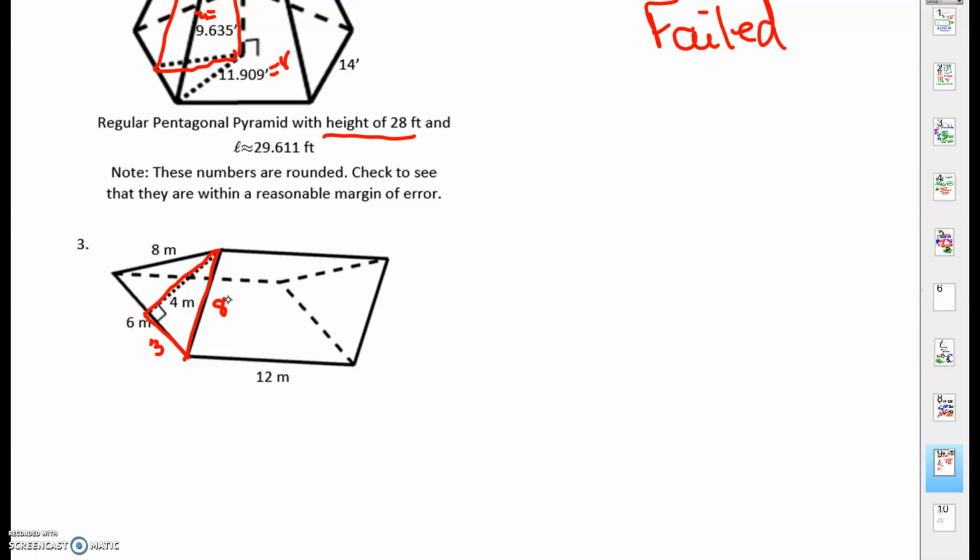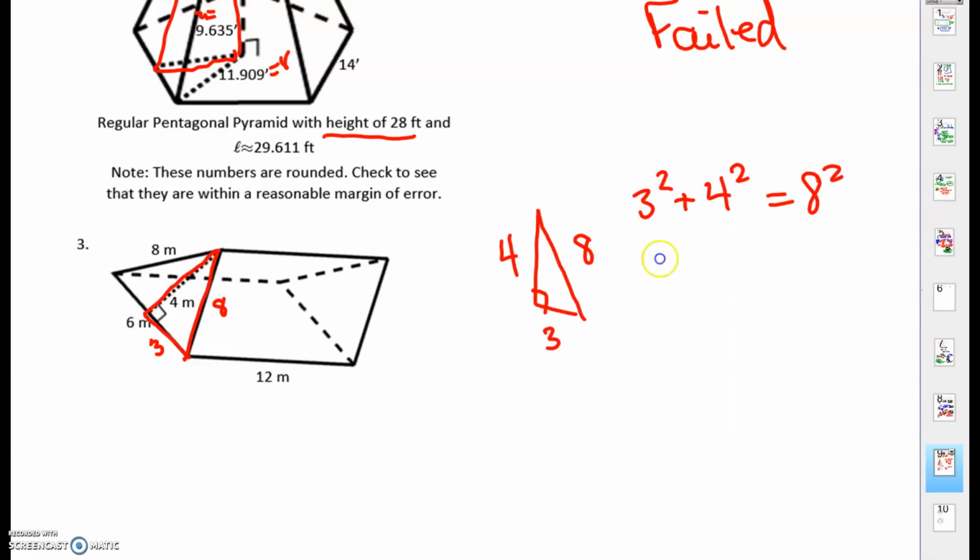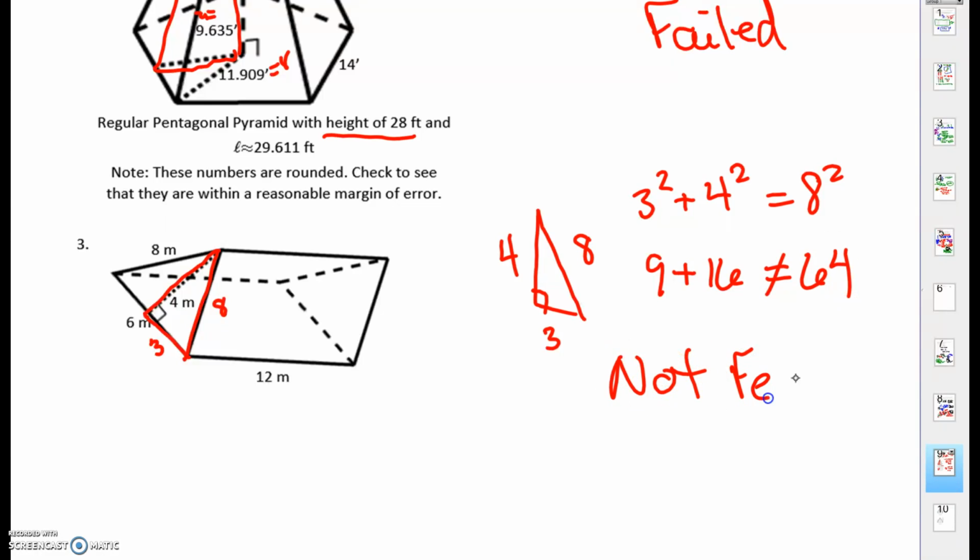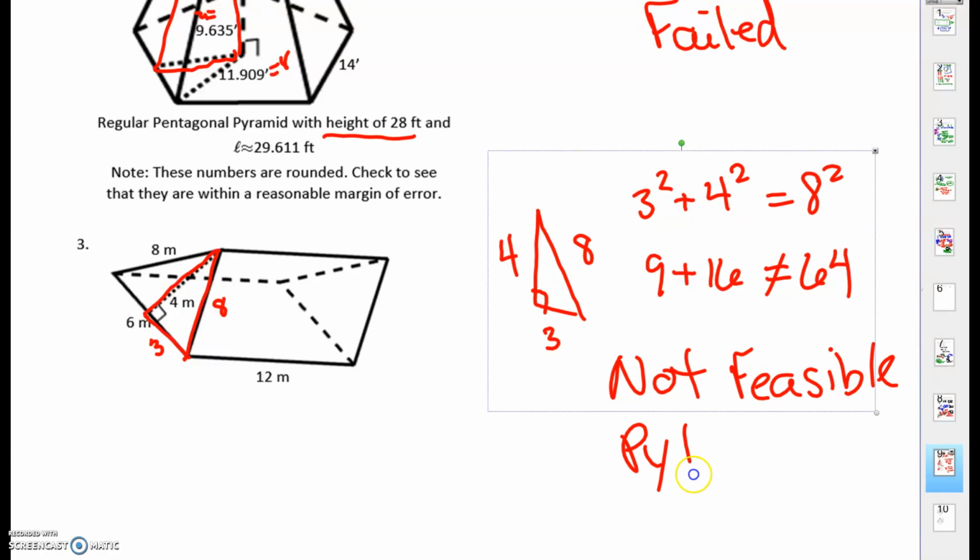So let's make sure that he works. We've got this triangle, 3, 8, 4. Does 3 squared plus 4 squared equal 8 squared? 9 plus 16 definitely does not equal 64. So these do not have feasible dimensions. They're not possible because Pythagorean theorem fails. Are we seeing a trend here?